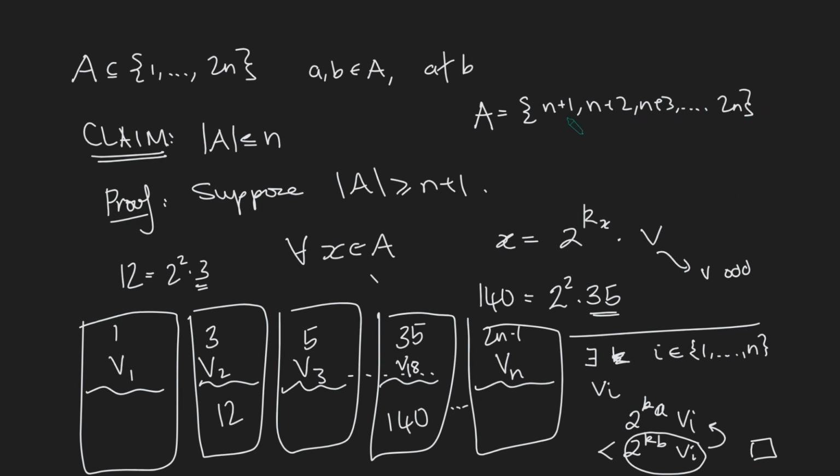Because these clearly can't be multiples of one another, because even if you chose this one and this one, n plus 1 is bigger than a half times 2n. And so therefore, the only way you could be a multiple is if you're at least 2 times as big. But 2n is not even 2 times as big as this. So this set has size n, and we have proved that we can find one of size n. And therefore, the biggest possible subset with this property has size n.